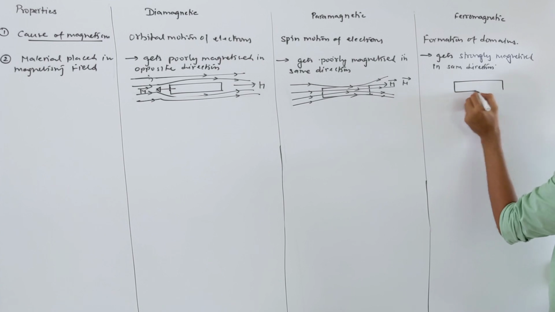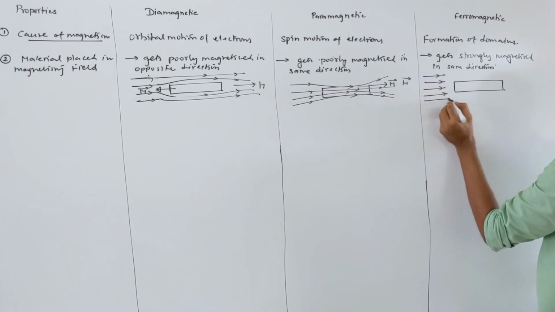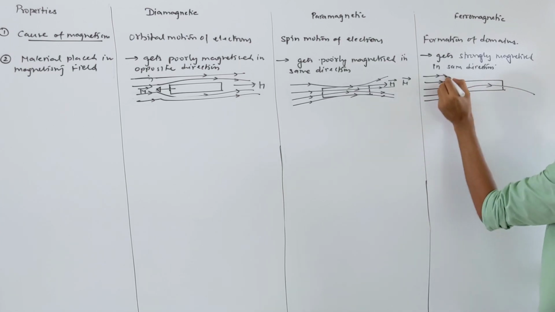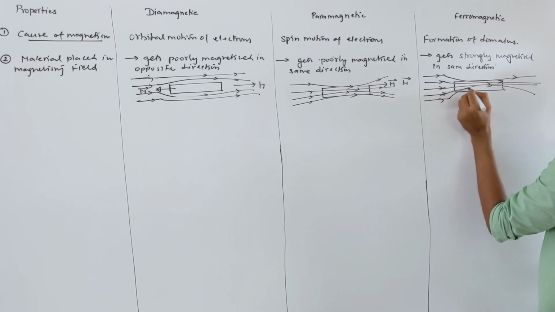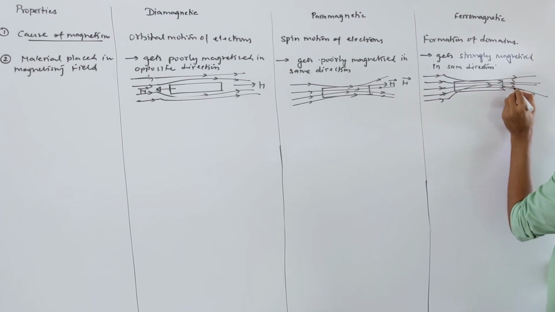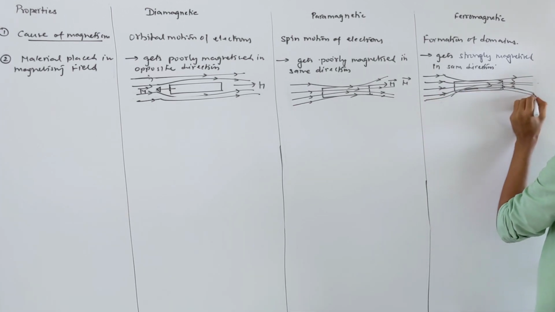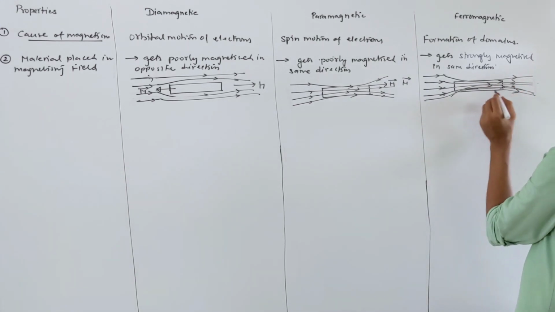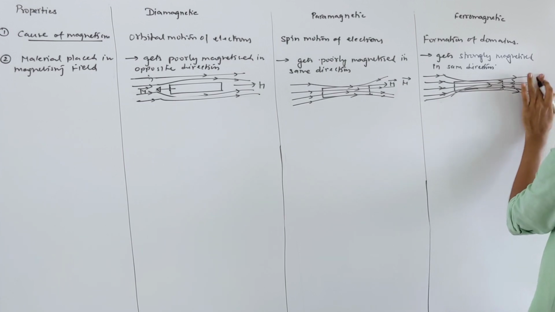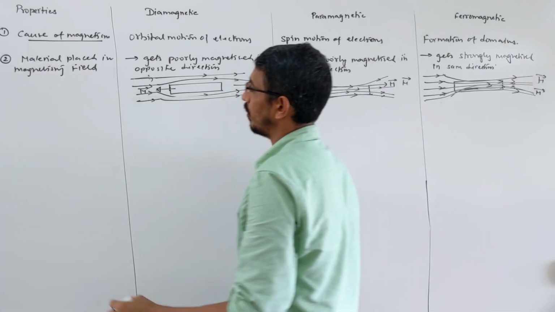This is your magnetic material, you put it in field lines, and all the field lines try to go through it, like this. It gets strongly magnetized in the same direction as the field. The direction of the field is H, and this is the direction of the magnetic moment, the same.